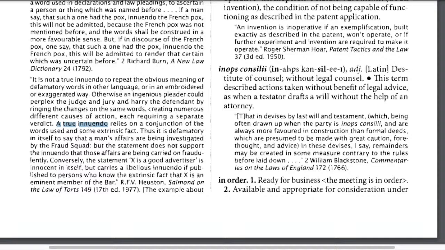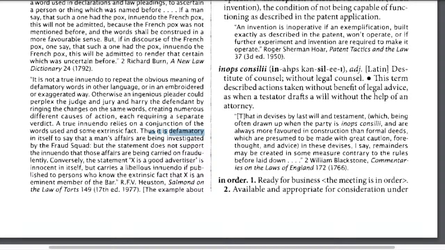A true innuendo relies on a conjunction of the words and some extrinsic fact. So you have to have a conjunction of the words used and some extrinsic fact. Does this make sense? A true innuendo relies on a conjunction of the words used and some extrinsic fact, a fact that has nothing to do with these words.